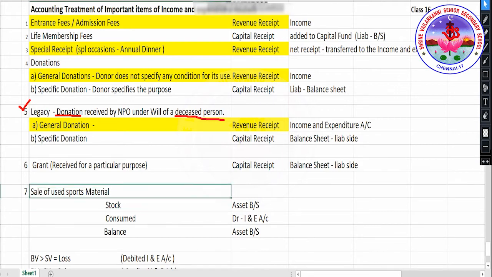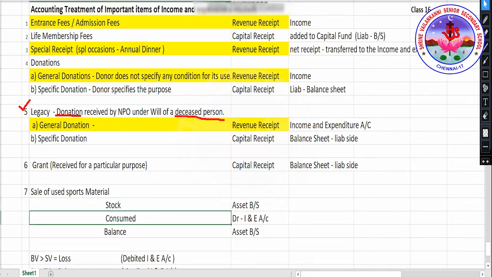Now sports material: you have the stock of sports material, for example cricket bats and shuttle rackets. All these things are sports material which have been kept, so it is stock. Stock is an asset, which has to be shown in the balance sheet.